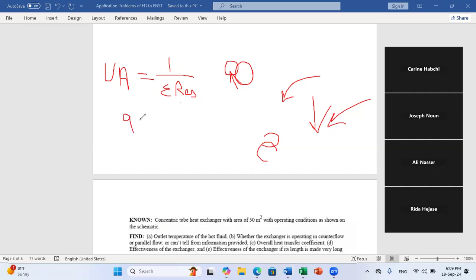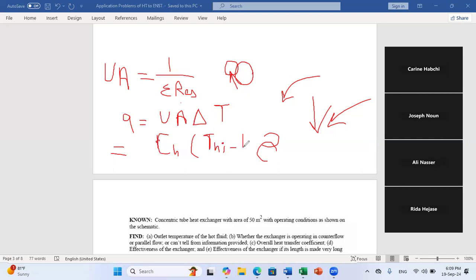One is UA delta T, which you can use in case you have U and the area. Or, as we mentioned at the beginning, Q can be calculated as m dot Cp, so big C, of the hot fluid times T hot in minus T hot out, and we already have all temperatures.